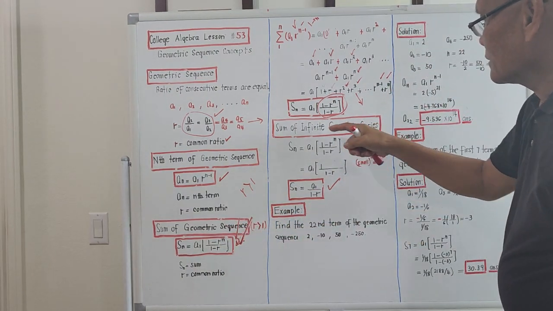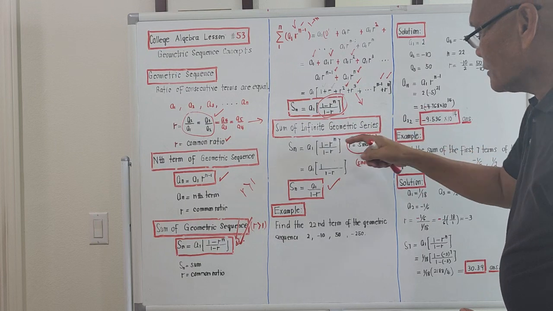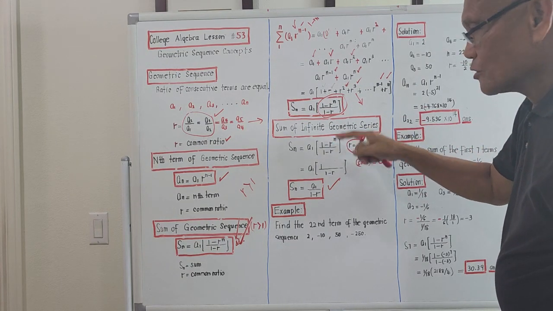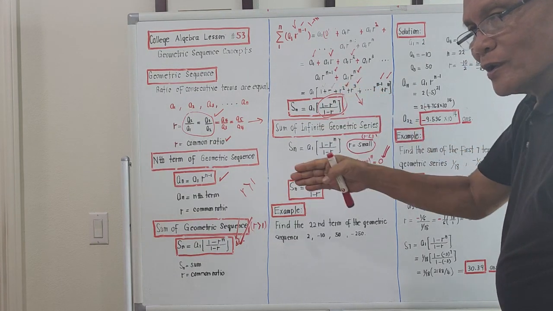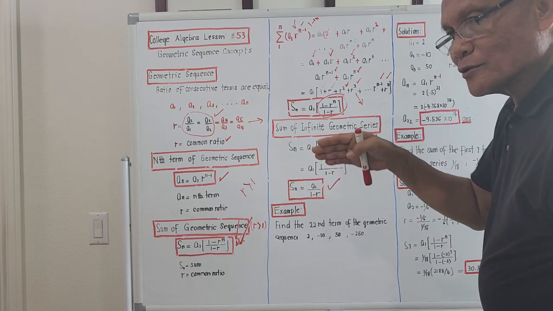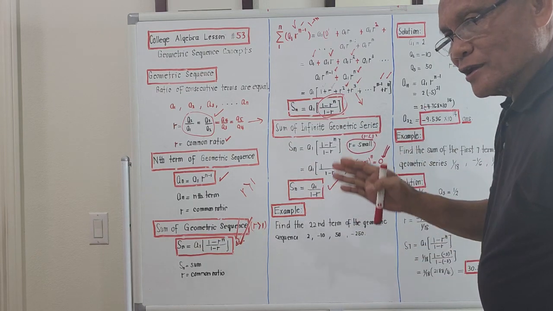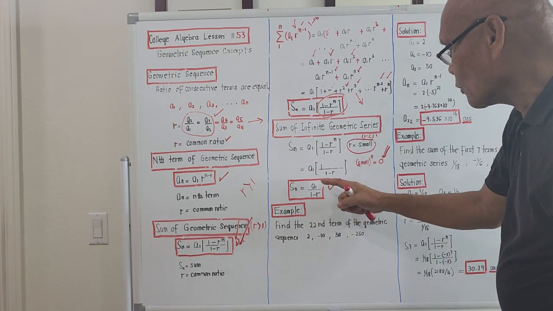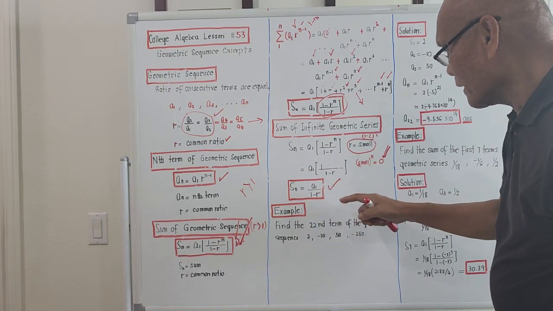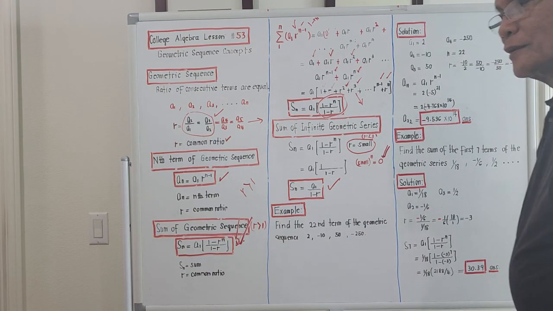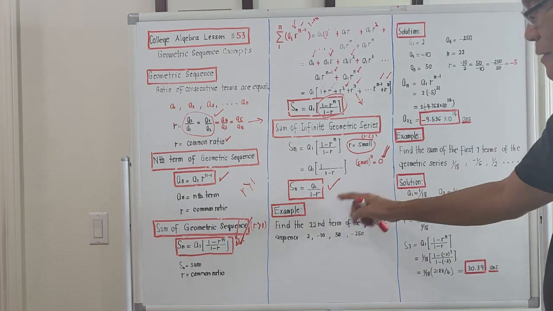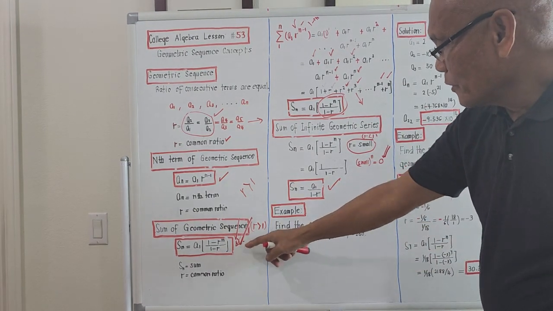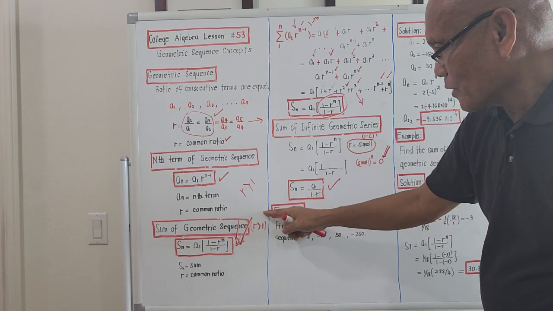But under the so-called infinite geometric series, the value r to the n, if r is very small, whether we like it or not, it will be approximately equal to 0. So the resulting equation for infinite series summation will just be simply a1 all over 1 minus r, and that's it. Okay, this is simpler than the real value in which the value of r is greater than 1.